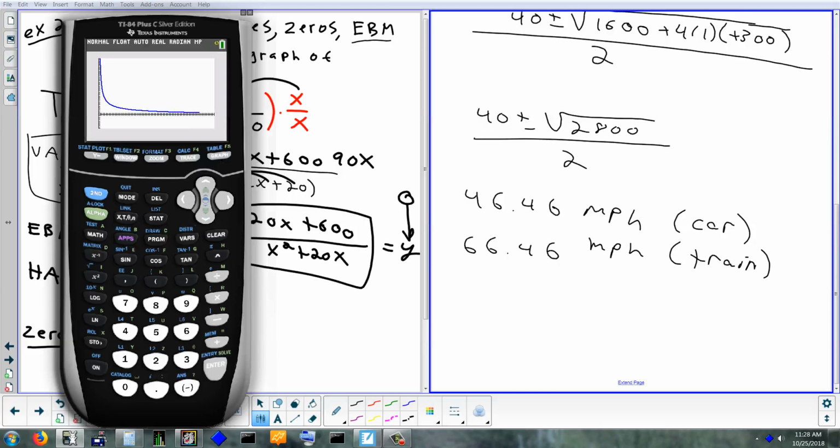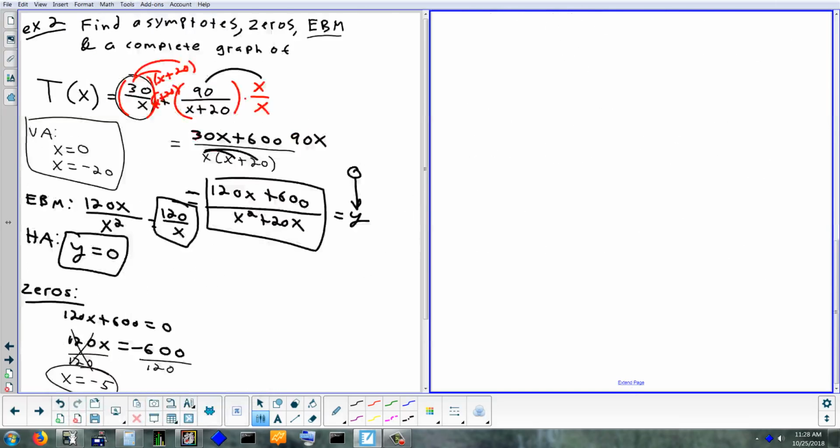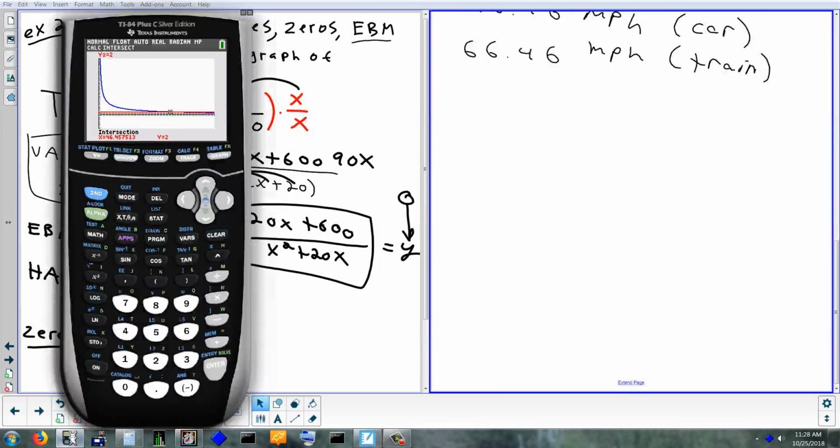What do I do for that? Ashley? Second calc. Second calc, and 5, and then 5. So pick a point on the blue, the red, do your guess, and you get 46.46. Right, so there's your answer graphically.